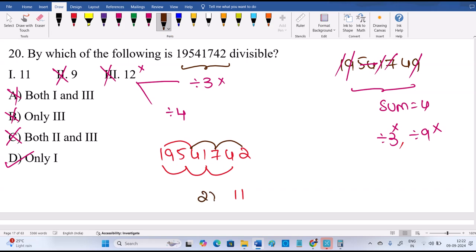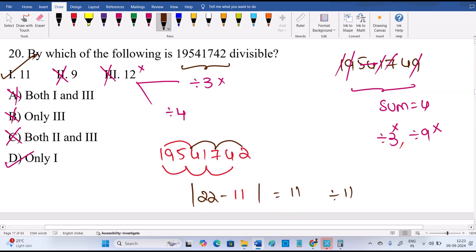So the difference between 22 and 11 is 11, which is divisible by 11. See, the difference between the sum of alternate digits and the sum of the remaining digits should be divisible by 11. So if this difference is equal to 0, 11, 22, like that, it's divisible by 11 only.